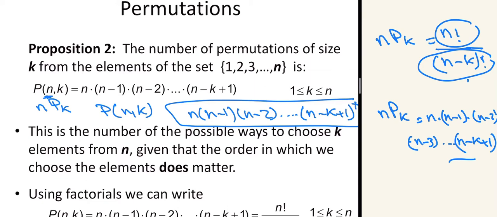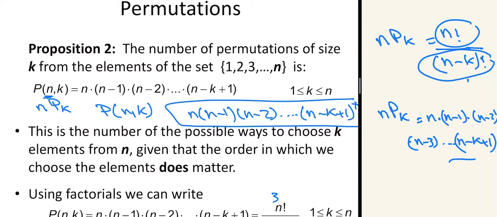For example, let us put n equals 3 and k more than n, so k is 4. So what will happen? You'll have 3 divided by minus 1, which is minus 3. We said that the factorial of any negative number equals infinity. It cannot happen.